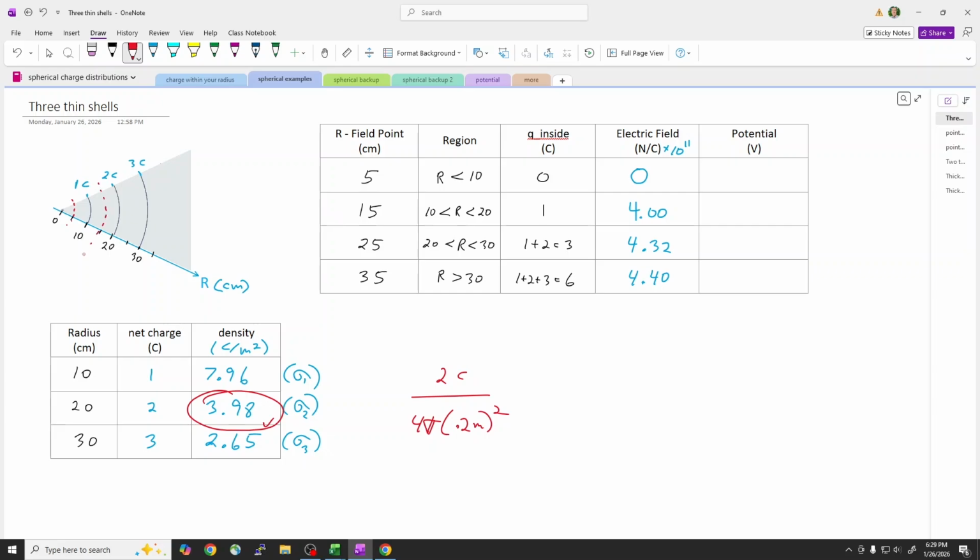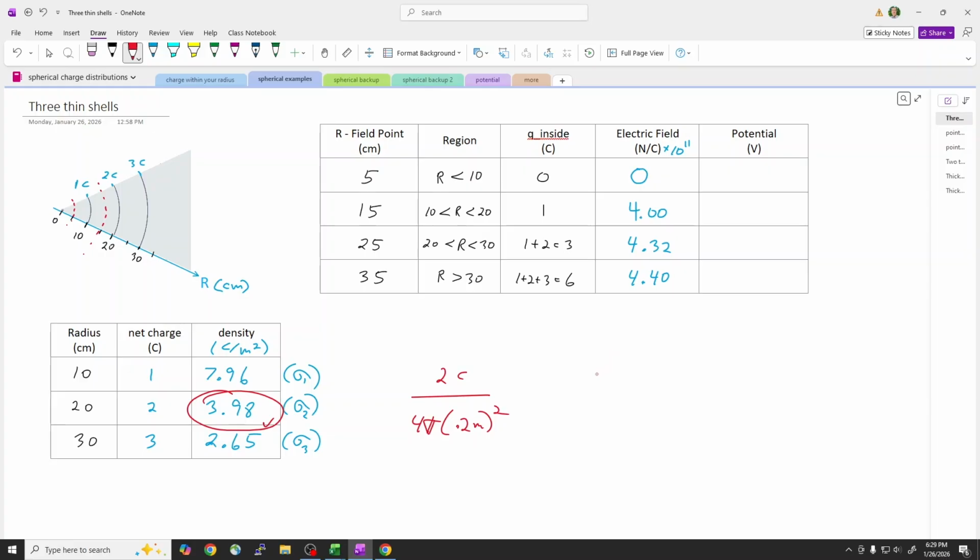At the 15 centimeter radius, right? So we're in the region between 10 and 20. So the 1 coulomb is within our radius, the 2 and 3 coulombs are not. So Q inside is 1 coulomb, right?